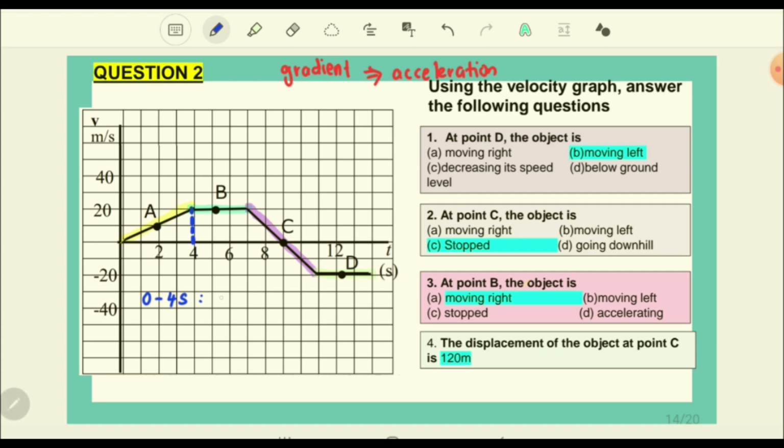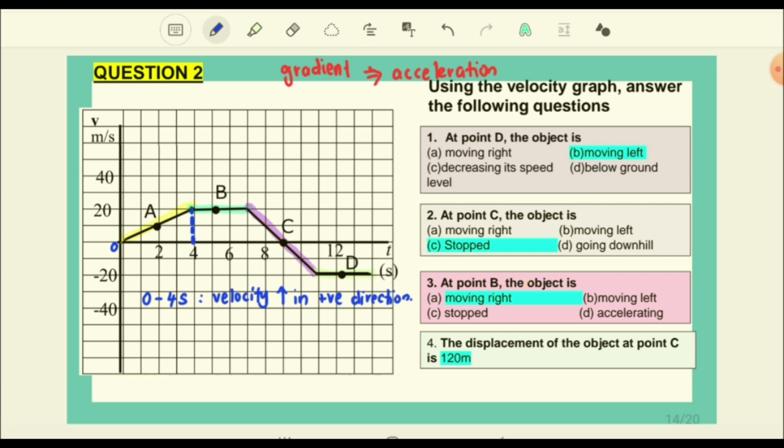In other words, the velocity is increasing in the positive direction. That means the object is moving to the right and the velocity increases from 0 to 20 meter per second during those 4 seconds.